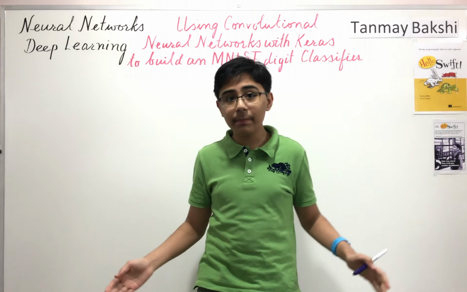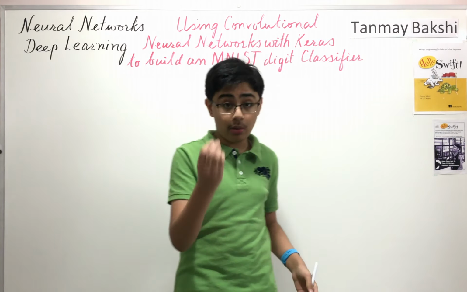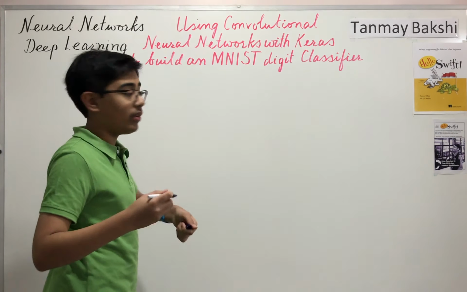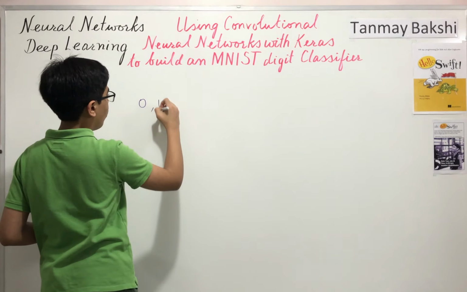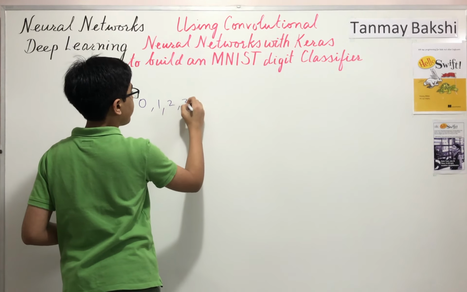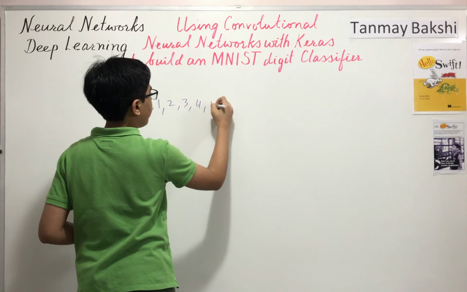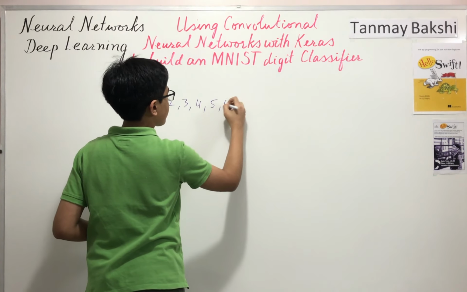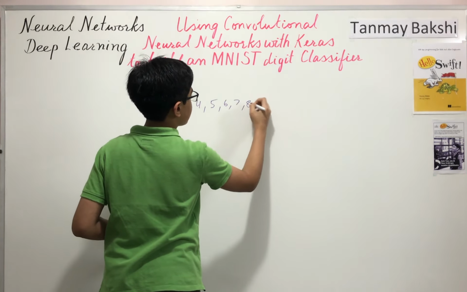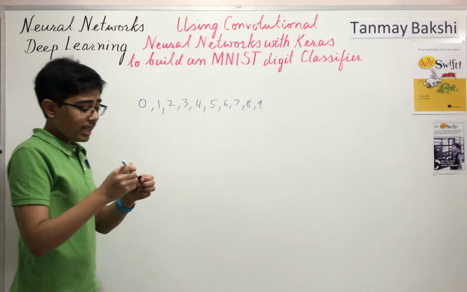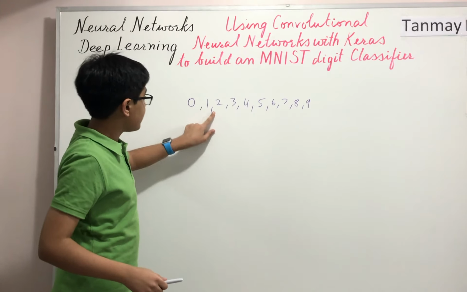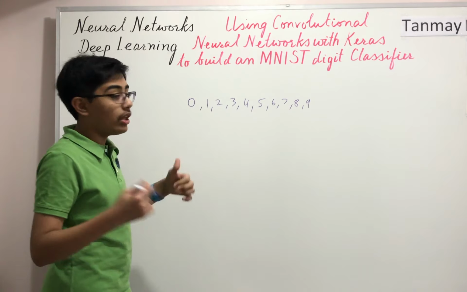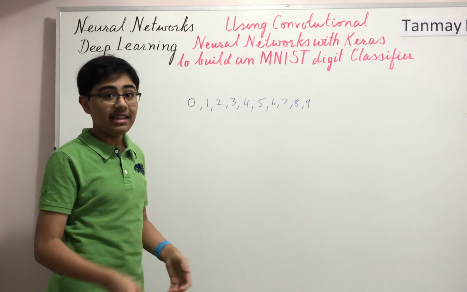Now these are all 28 by 28 black and white photos, and so, for example, we've got classes 0, they're handwritten zeros, 1s, 2s, 3s, 4s, 5s, 6s, 7s, 8s, and 9s. So we've got 10 different digits that have been handwritten a lot of different times by people, and those have been put into our data set.